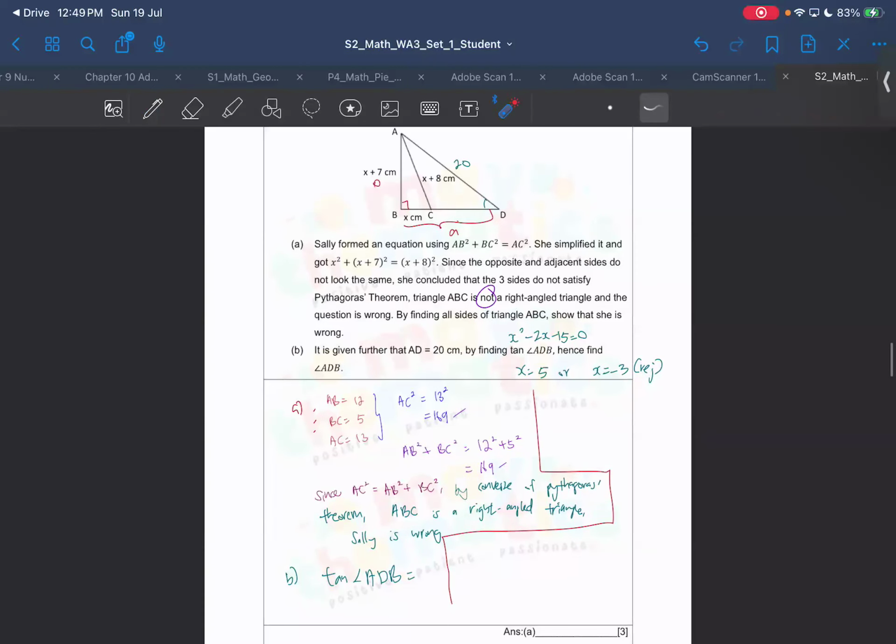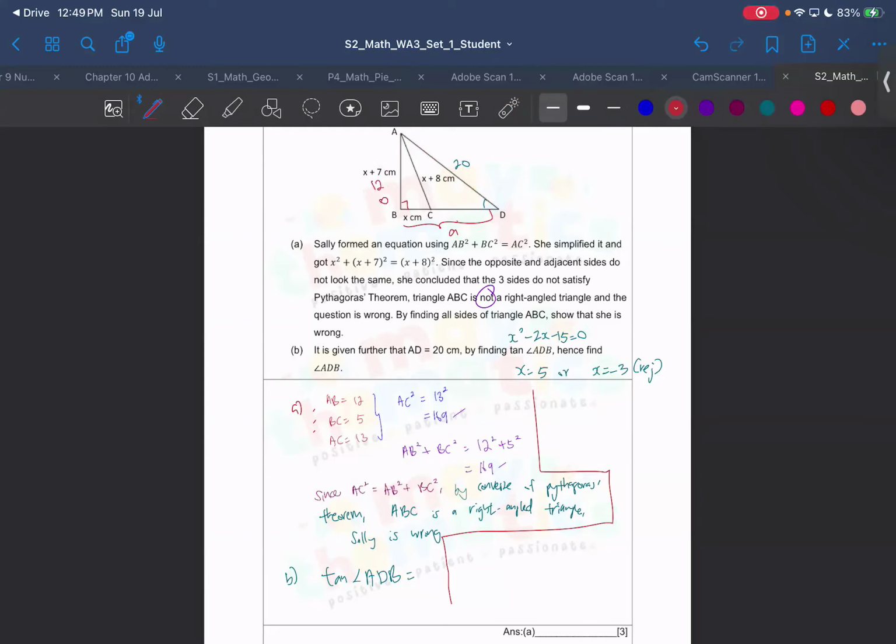Can you find BD or not? Can, right? Because I got AD is 20. AB also, I already found what is x just now. So x plus 7 is 12. This is 12.